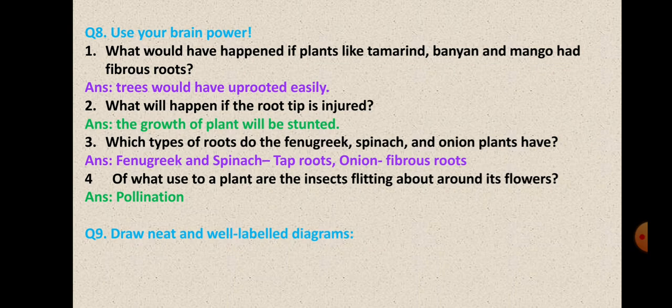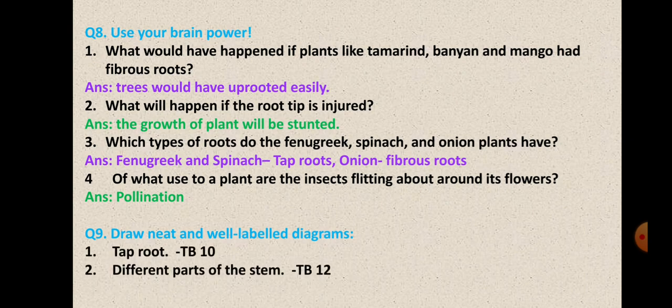The transfer of pollen grains from the stamen to the stigma of the flower is called pollination. And after pollination, the germination of the pollen tube takes place, and then fertilization takes place. So pollination is very important, because without pollination fertilization will not take place. Okay.